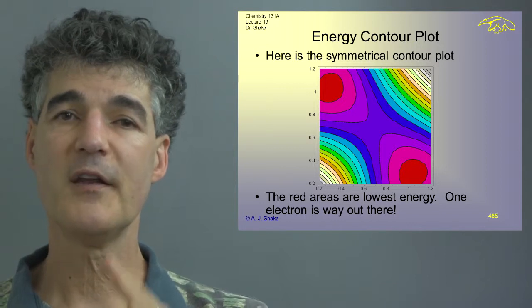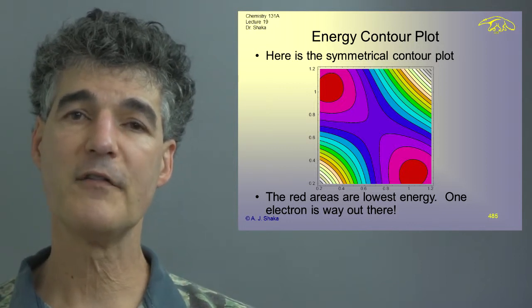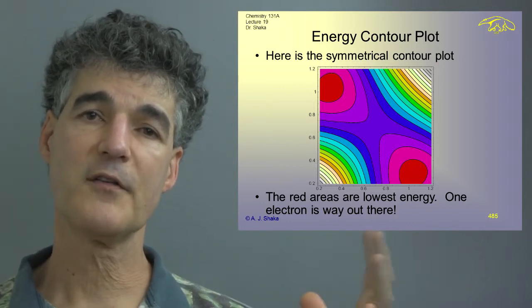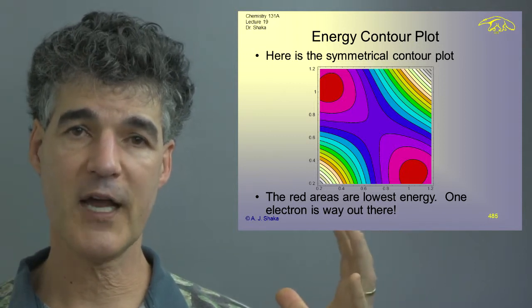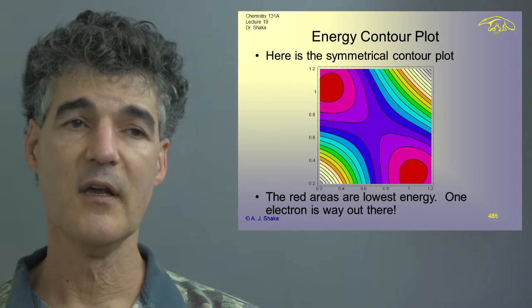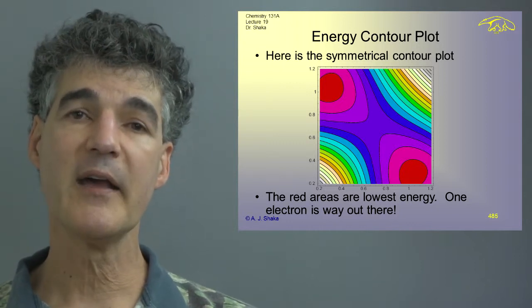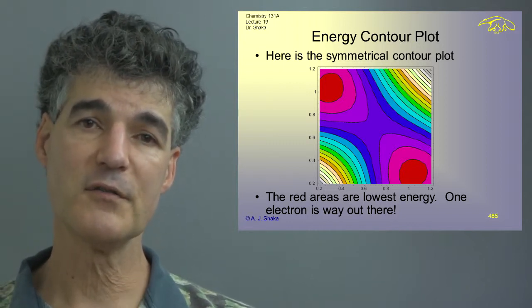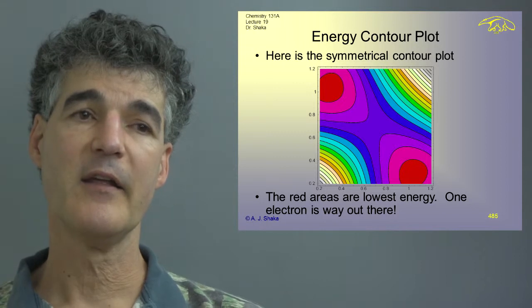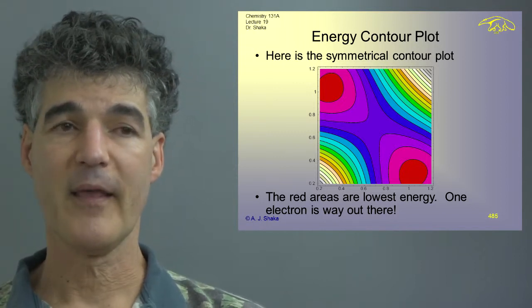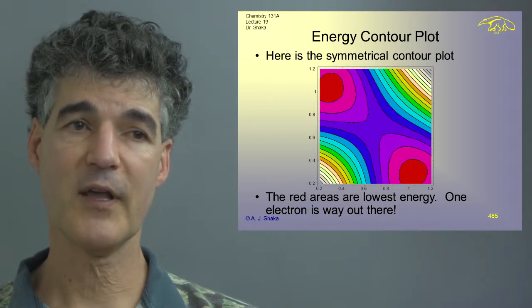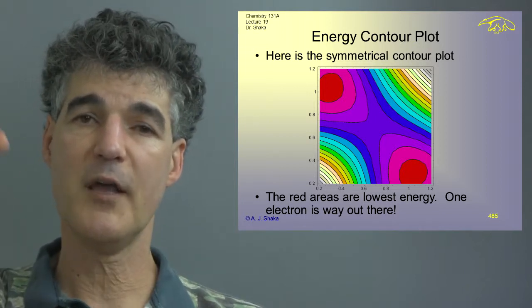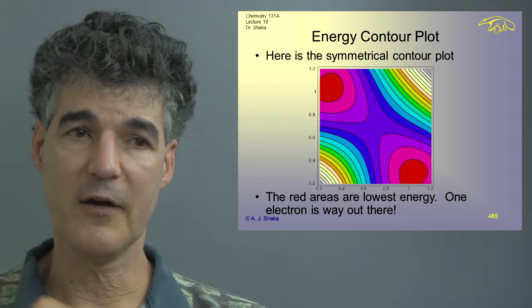That's because when zeta is too small and you're on the 45-degree angle, both electrons are way out there and they don't have a favorable interaction with the nucleus. If zeta is too big, then both the electrons are too close and they have a lot of electron repulsion, and so you get this kind of saddle-shaped function.